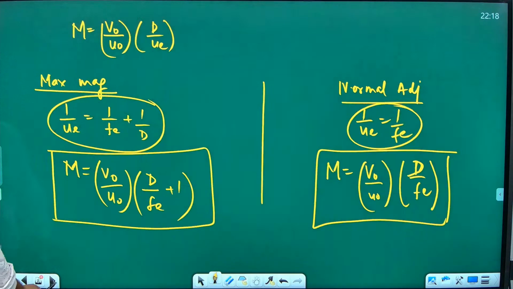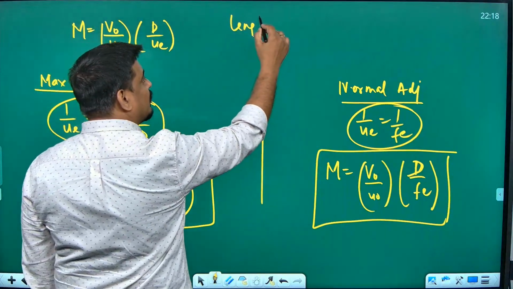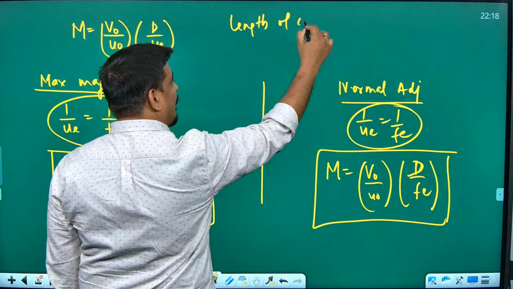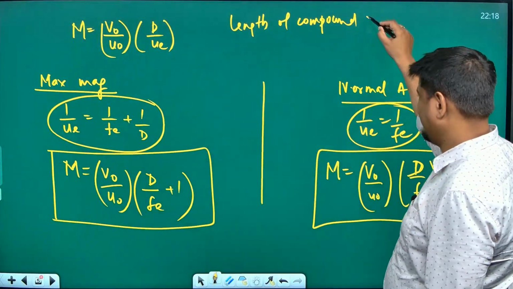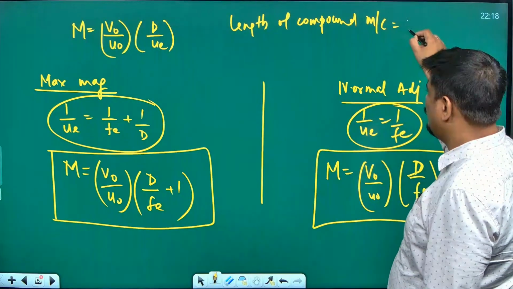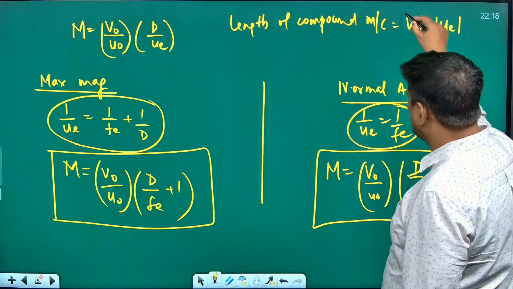So the length of the compound microscope will be equal to Vo plus Ue. I can put a mod because you should not take the sign convention.